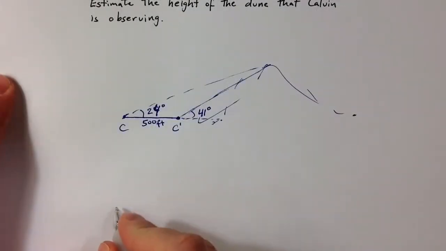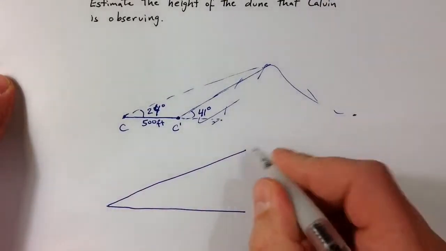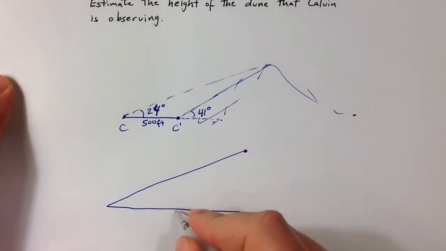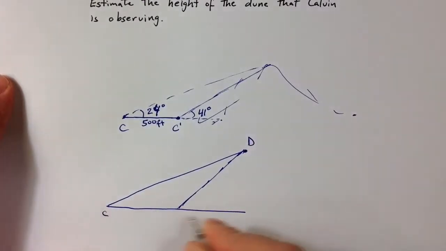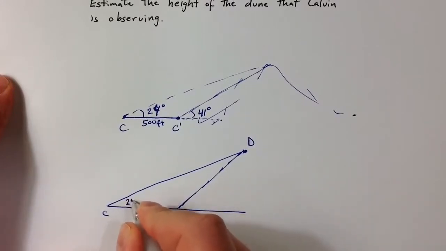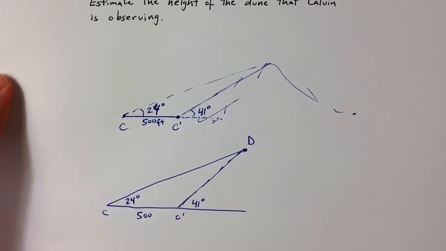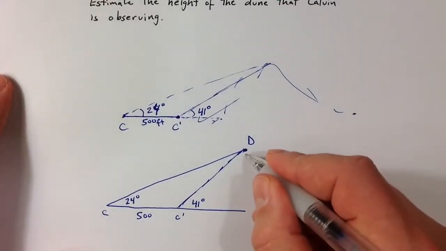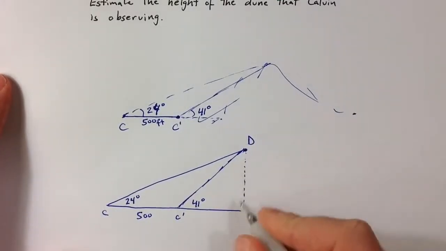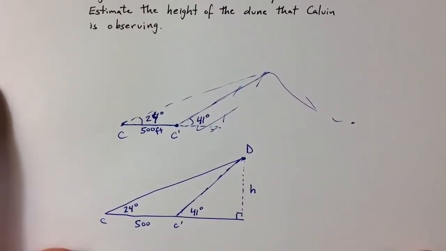To do it, let's think of it more diagrammatically. If I think about the triangles involved, the information that we're given is about this triangle: the top of the dune, and then C and C prime. I know this distance is 500, I know this is 24 degrees, and I know this is 41 degrees. But because what we have information about is right triangles, I can create two right triangles by dropping the vertical, and in fact that's the height that we're interested in finding.